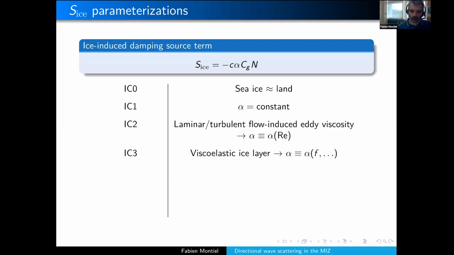IC3 came out as something that was supposed to represent what the ice actually looks like, so it's basically based on a model of a viscoelastic ice layer floating at the top of the water, which depends on a range of rheological parameters such as viscosity, elastic modulus, and so on, and thickness as well.